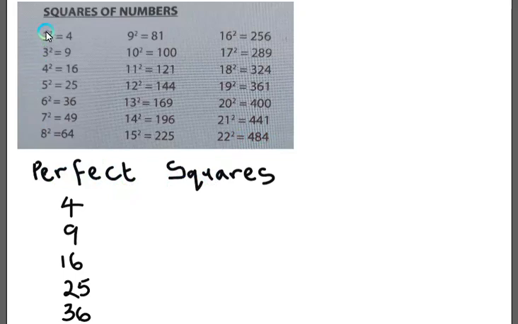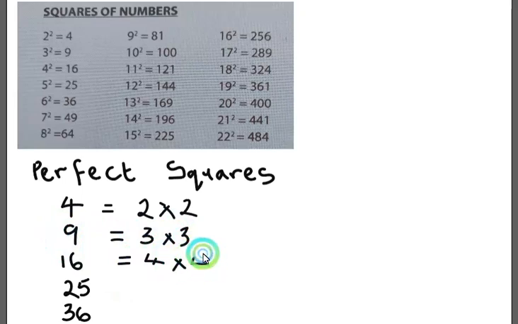Because the numbers that multiply themselves to give you these perfect squares are all whole numbers. If you take for instance 4, we have 2 multiplied by itself to give you what? 4, isn't it? The whole numbers. 3 multiplied by itself to give you what? 9, isn't it? 4 multiplied by itself to give you 16, and it goes on and on down to this one we have here.